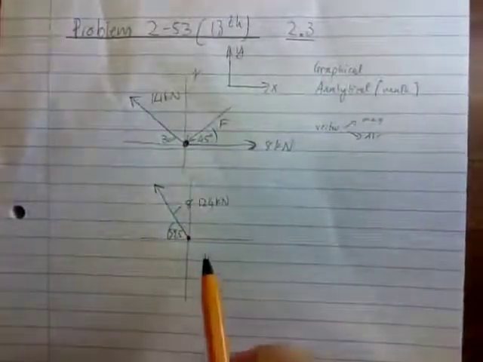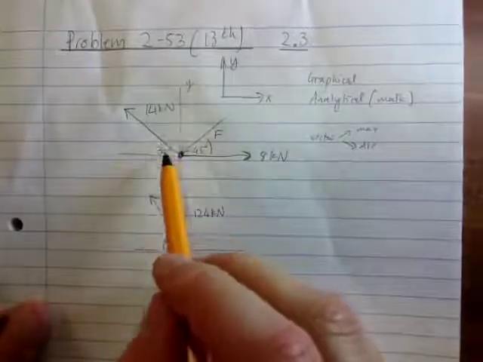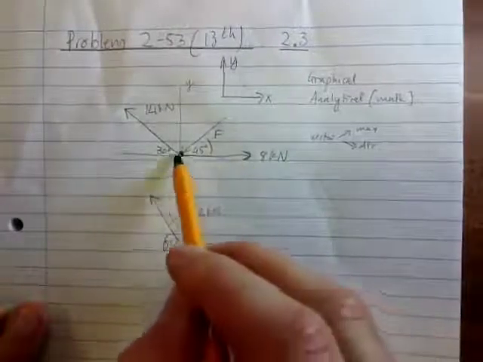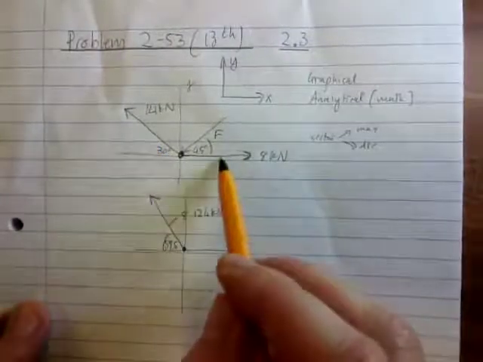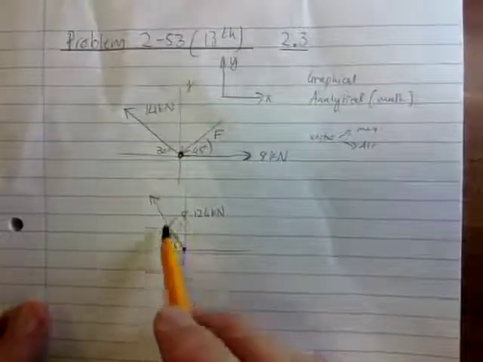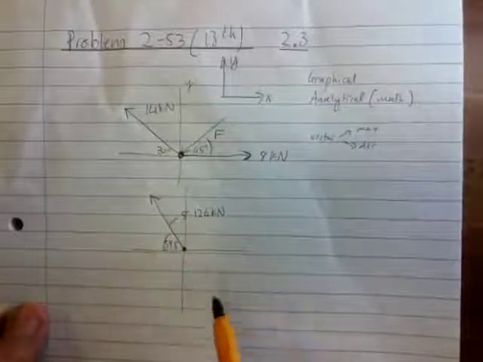Again, I'm going to repeat, please don't get confused. I've got three forces here, but the first thing I'm going to do to simplify the problem is add up this force vector and that force vector. And when I add these two up, I get a force of 8,124 kilonewton with this angle.